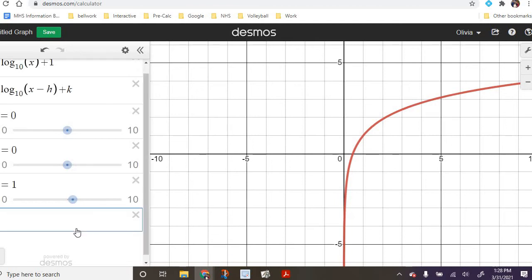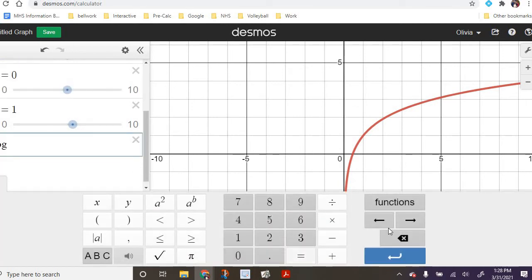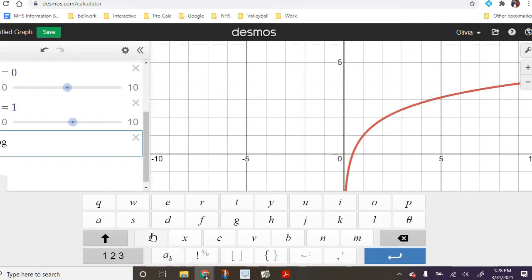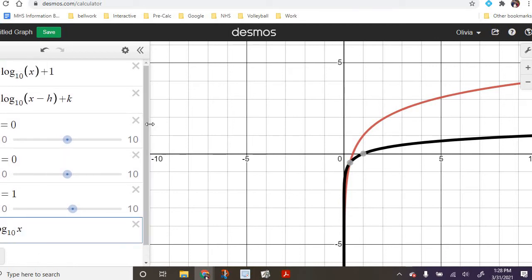So let's go ahead and look at if I just had log base 10 of x, what that would do to my function. So notice that looking at my graph, my black graph would be my parent graph, and my red graph is it with the transformations.